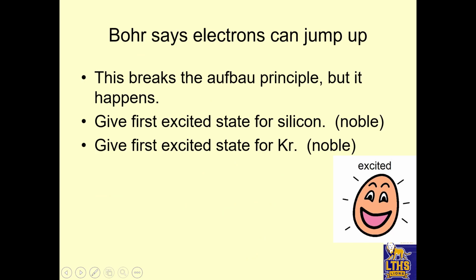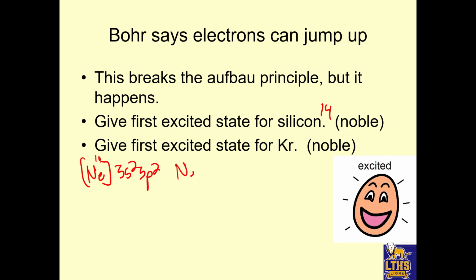Bohr says electrons can jump up. This breaks the Aufbau principle, but it does happen. So that means if they jump up, they go out of order. Okay, so first excited state for silicon. Silicon is number 14. So its noble state would be neon. That's the first 10. So I need to do 3s2, 3p2.